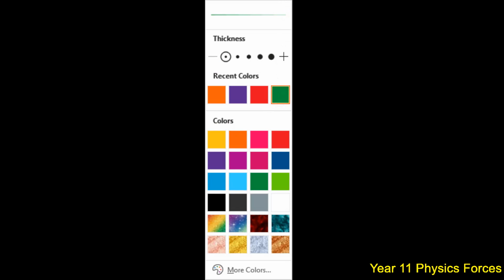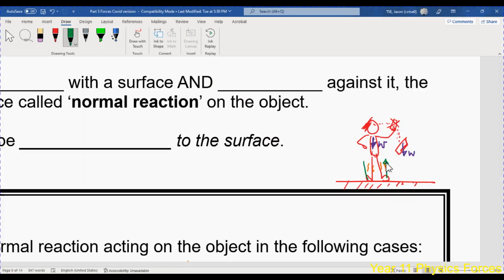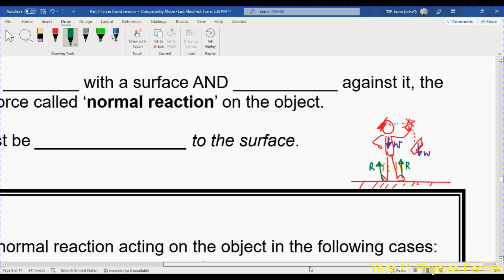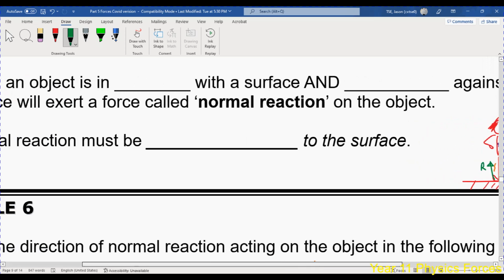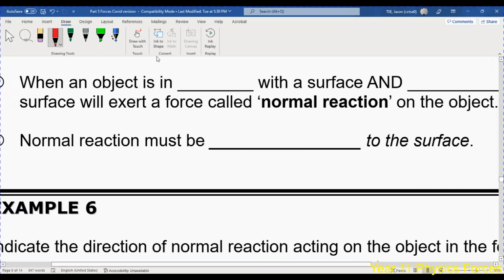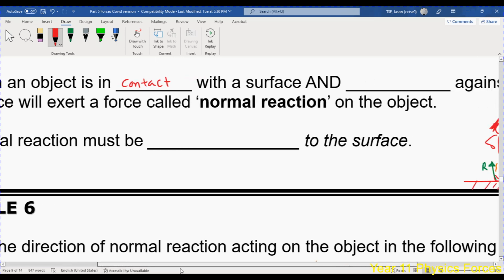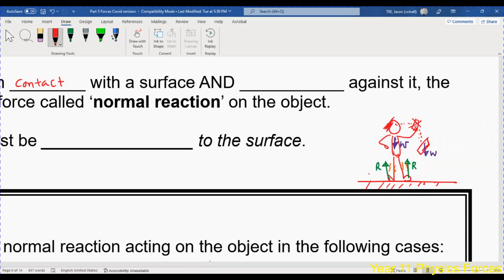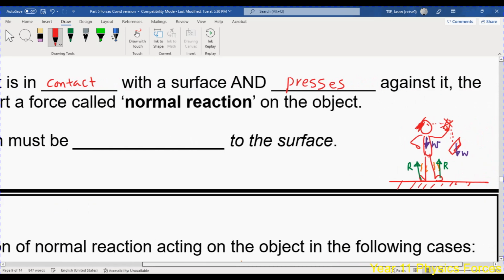Let me draw the normal reaction force. This is the so-called R. We use R to represent the normal reaction force. This type of force occurs when an object, just like your feet, is in contact with a surface like the surface of the ground, and also presses against it.